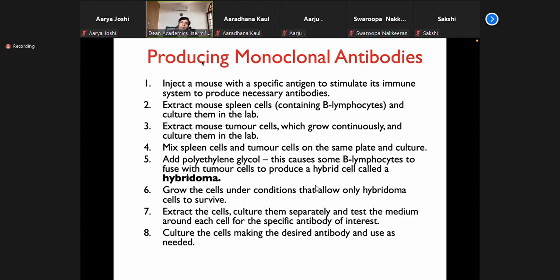This process, as we discussed, requires quite extensive analysis. But eventually, if you are able to establish that this hybridoma is able to produce antibodies which are reactive to your antigen, you can generate monoclonal antibodies, right?